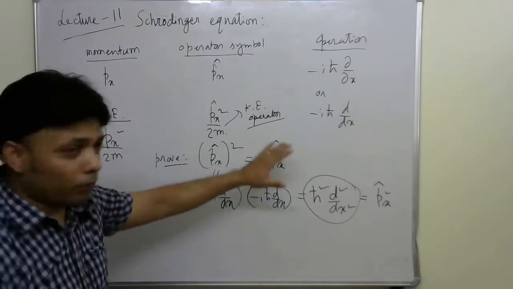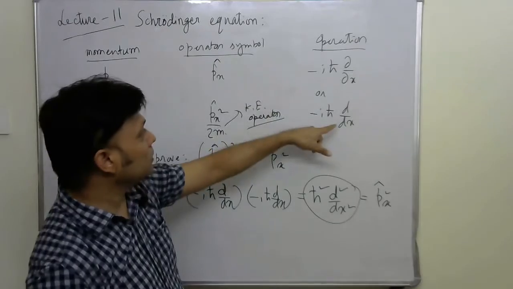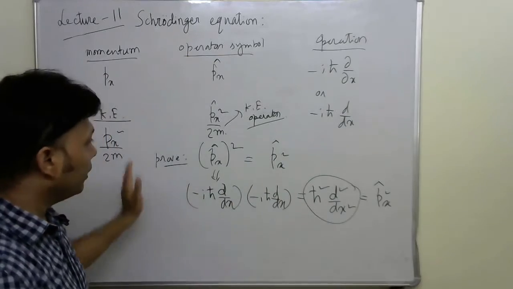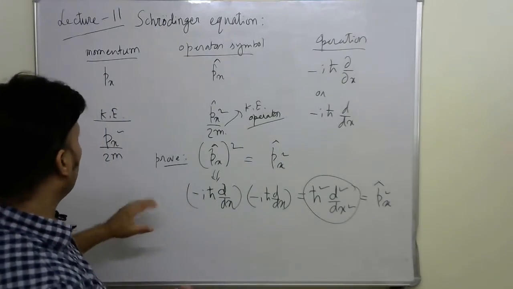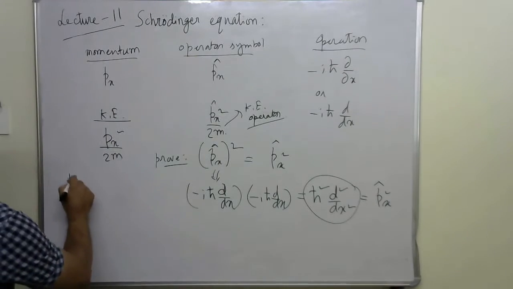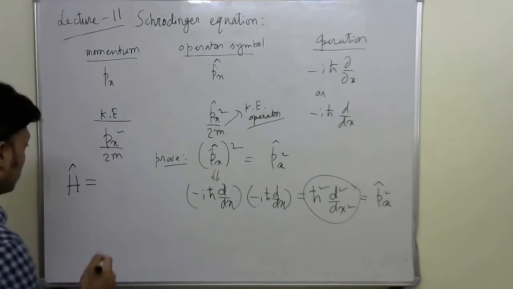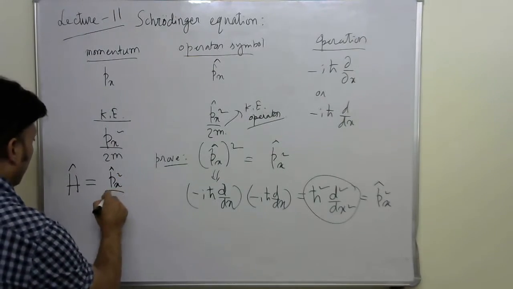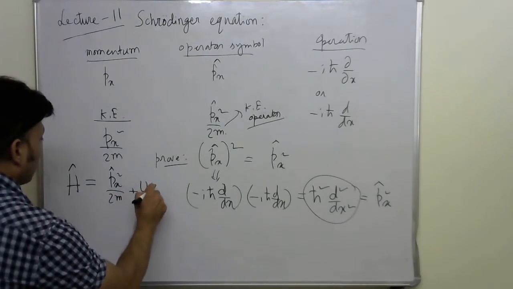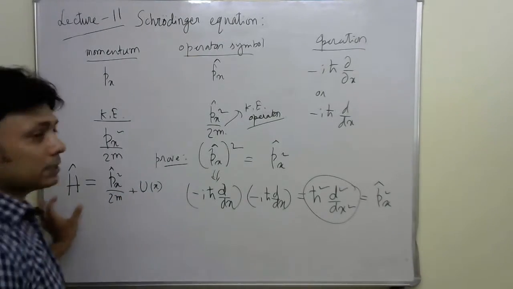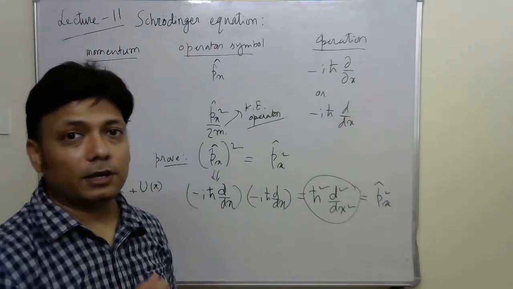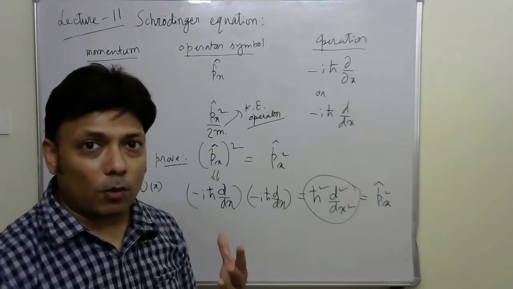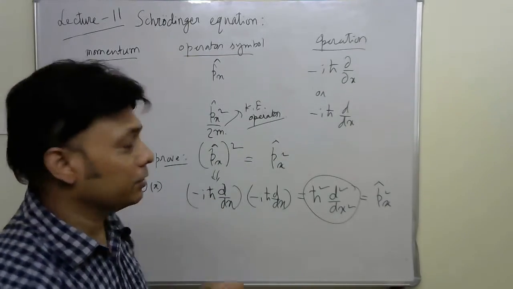Okay, so therefore it makes sense. We now have some idea about the momentum operator, and so we can have the idea of the kinetic energy operator. Now we can once again realize the true significance of the Hamiltonian operator H. It is the kinetic energy operator, p squared by 2m, plus the potential energy operator. And of course you can see the Hamiltonian operator is a linear operator because again it represents a real quantity in classical physics, which is the total energy.